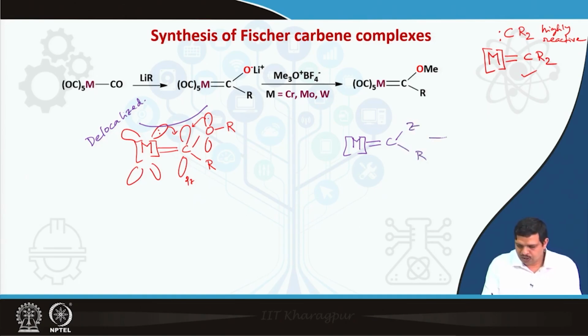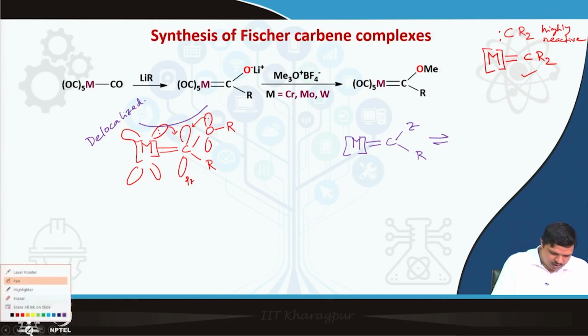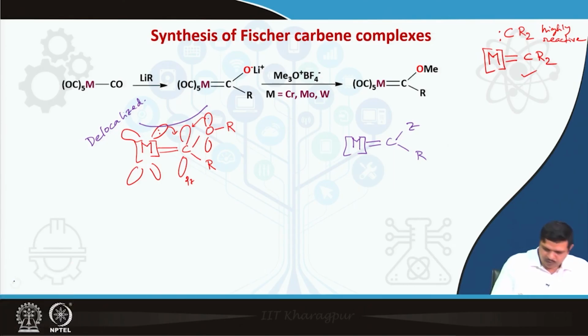Okay, so I should not put the equilibrium sign. I want to see the two different canonical structures. One possible is this one, A minus C, Z, and this is R, so this is the plus.